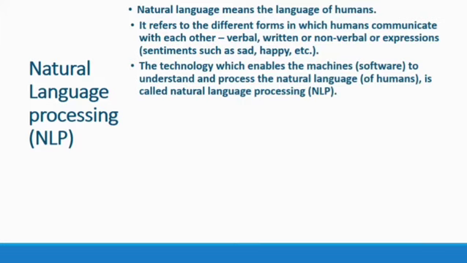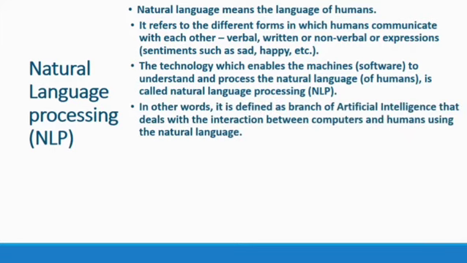Now this technology which enables machines, that is software, to understand and process the natural language of humans is called natural language processing. If you say in simple terms, with the help of this technology, natural language processing or NLP, we are giving a machine the ability to speak or to interpret what we are communicating.